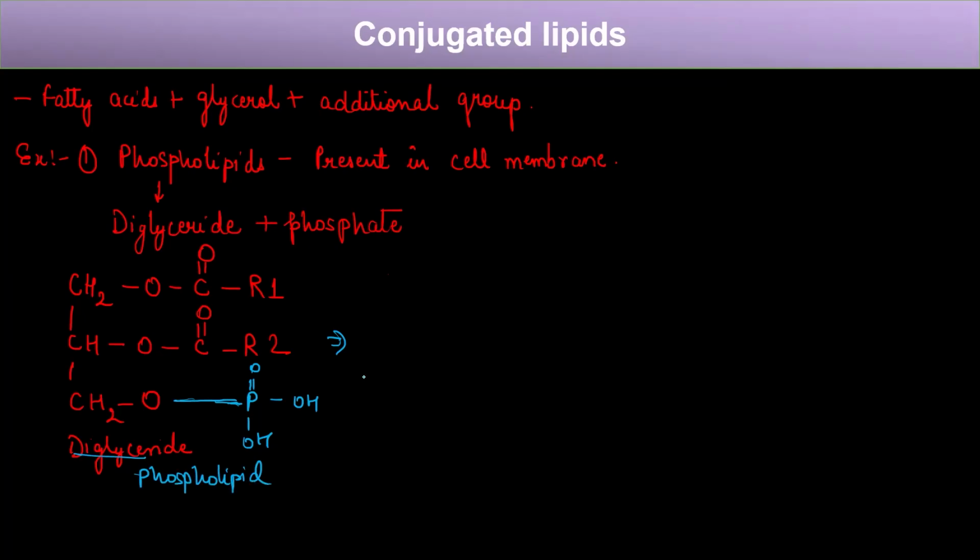At the third carbon, the H is substituted by this phosphate group, and hence it forms the phospholipid.